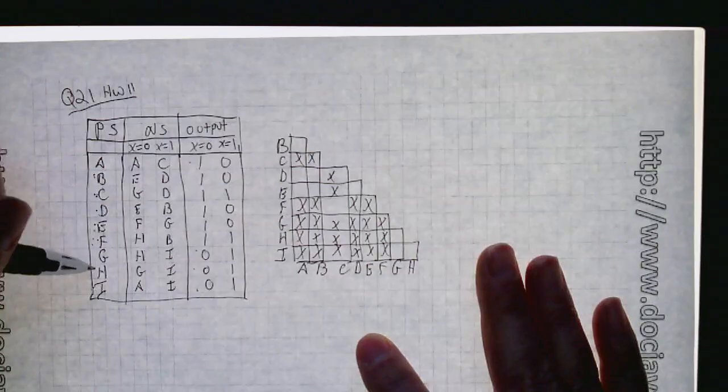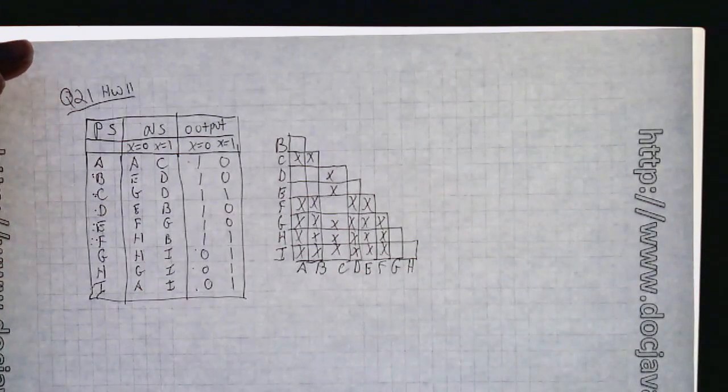G and I could be the same. H and I could be the same. So we've basically put a lot of X's in all over the place. A lot of X's. This is kind of interesting.